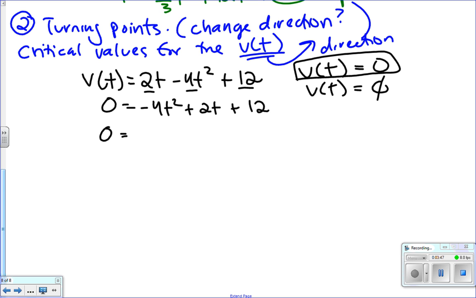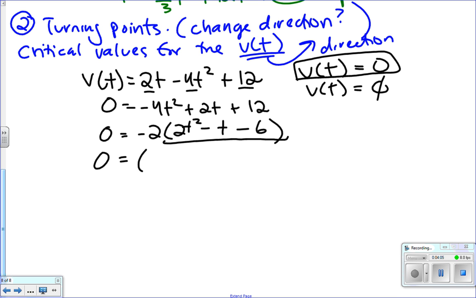So I have negative 2 in front, and then 2t squared minus t minus 6. Watch the signs here when you take out a negative. Once you factor this quadratic, and I'm not going to show it because you should be quite comfortable with that by now, you're going to get 2t plus 3 times t minus 2.